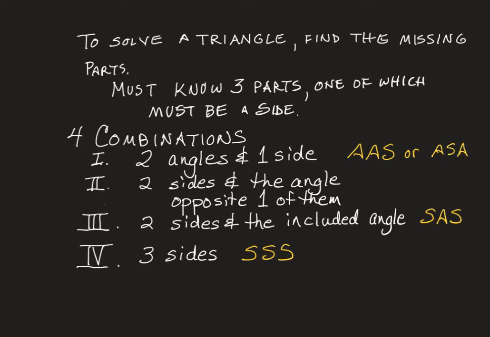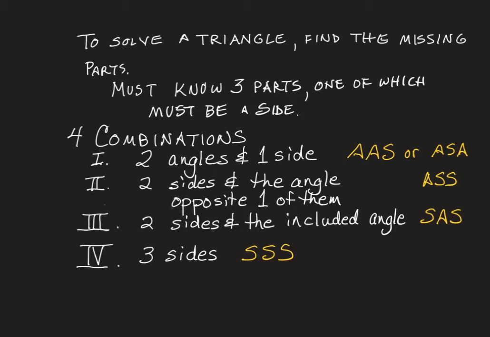Right? And 2 sides and the angle opposite of one of them would be side, side, angle, or if you reverse those letters, ASS, which you were not allowed to use in geometry and you're not allowed to use in polite conversation, which is one way people remembered that they could not use it in geometry.